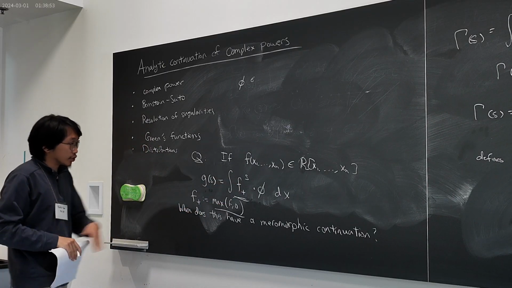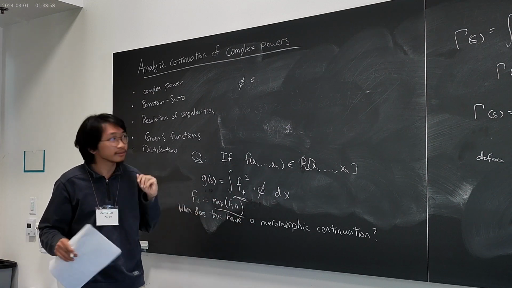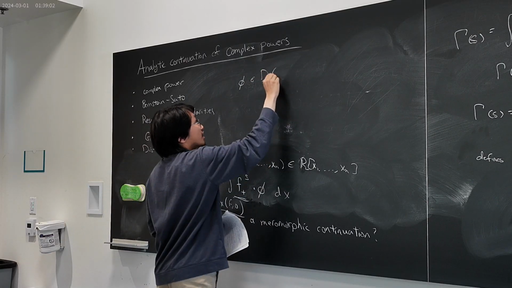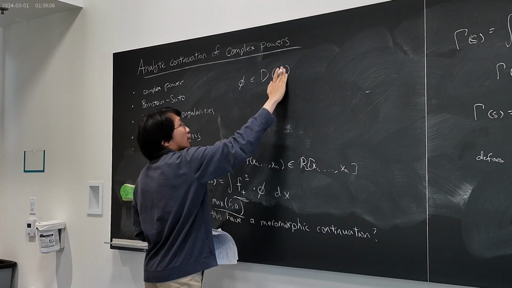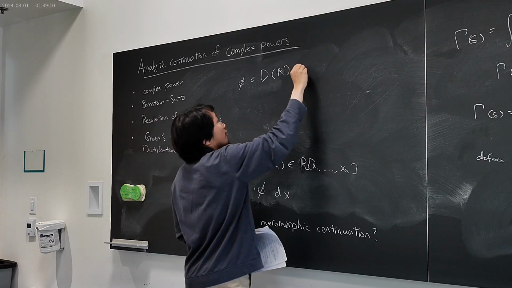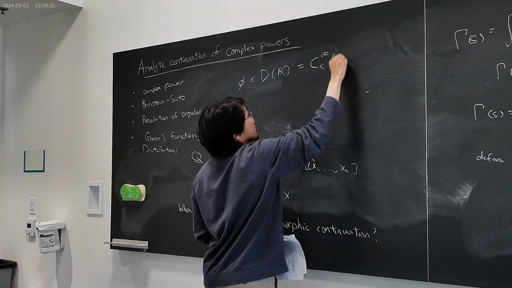But you can integrate such nice functions against any locally integrable function. So I'll call this the space of test functions. Let's take an open set of Rn. In general, you could just take this to be Rn; the same thing applies to any open set. This is the space of compactly supported smooth functions on Rn.